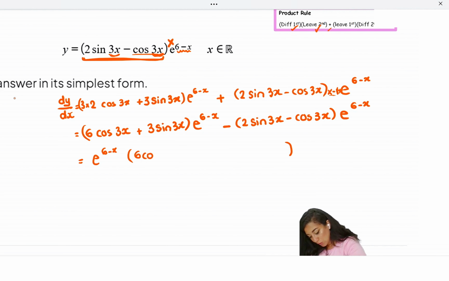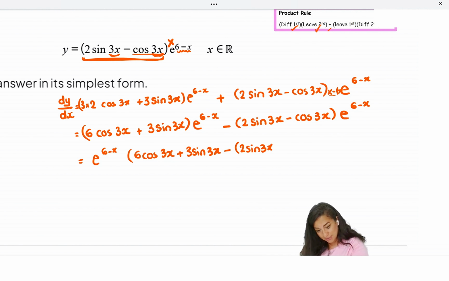So 6 cos 3x plus 3 sine 3x minus, and don't forget the minuses for both of them. So let's put it in brackets. We don't want to do all this hard work and end up losing marks on that part, because we're geniuses and nothing's going to trick us. 2 sine 3x minus cos 3x. Close your brackets, and then we're just going to make it positive.